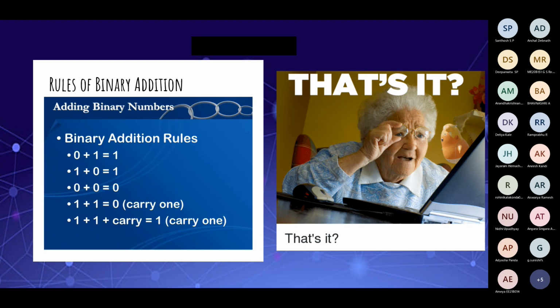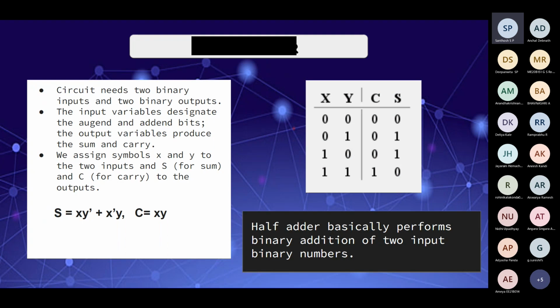Now we'll talk about what a half adder is. A half adder is basically a circuit with two inputs and two outputs. From the truth table, we can see that the circuit has two inputs, X and Y, and two outputs, C and S. C stands for carry and S stands for sum.